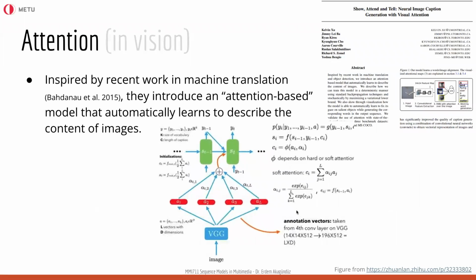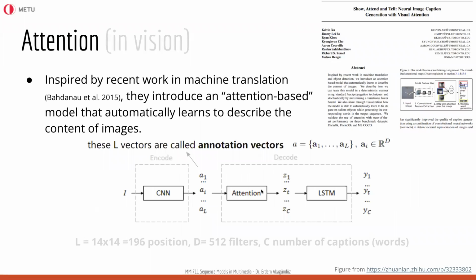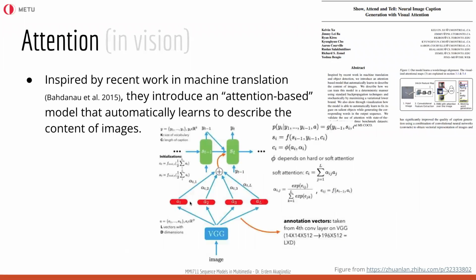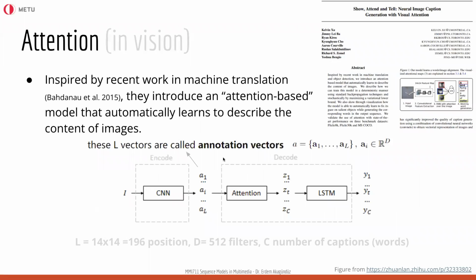Okay, so I come back to my figure. Let's try to understand this figure in more detail. These L vectors are the annotation vectors, the hidden states of that sequence, and they represent different regions in the image.